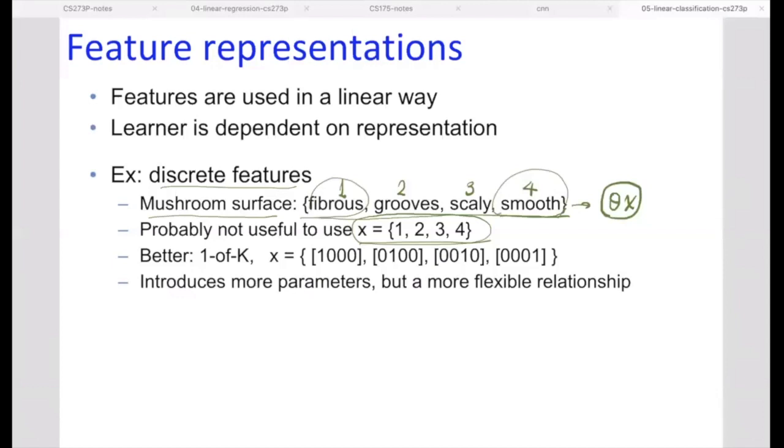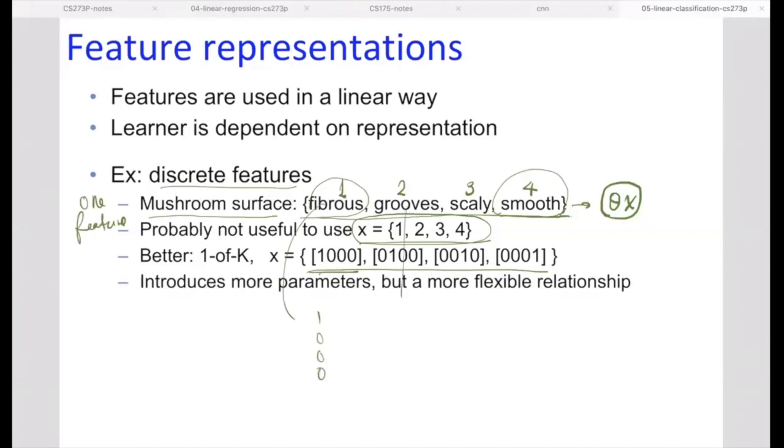So a better way to represent those features is to use a new representation. You might want to use 4 numbers to represent this one feature. Again, this is only one feature, right? However, you might use 4 numbers to represent it. You might represent these features as 1, 0, 0, 0 here.